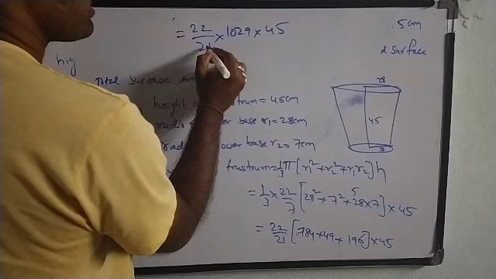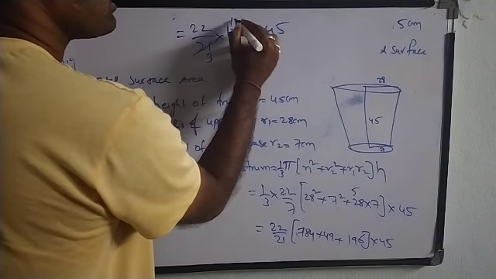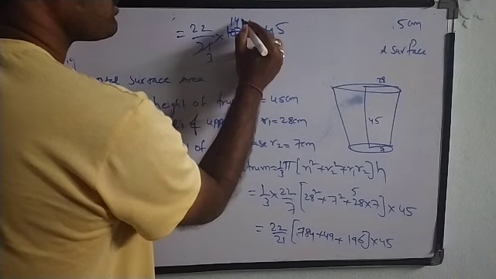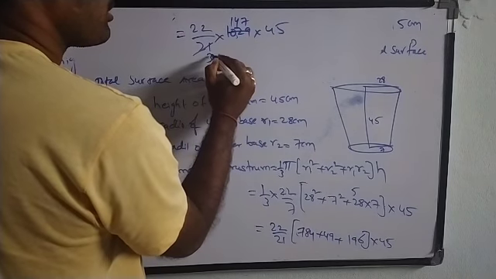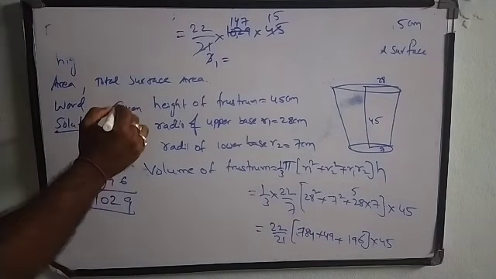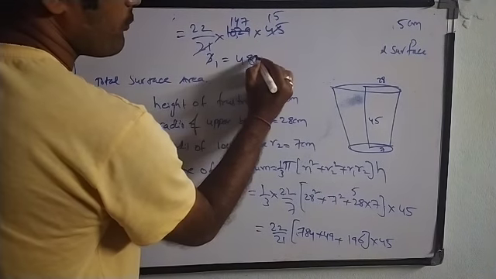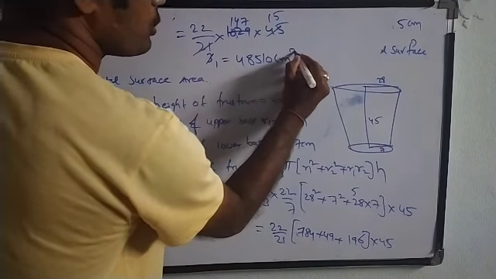It will cancel in the 7 tables: 7 3s are 21, 7 7s are 49, 3 1s are 3, 3 15s are 45. So overall the answer will be 48510 centimeter cube.